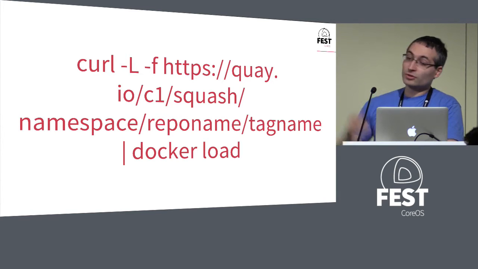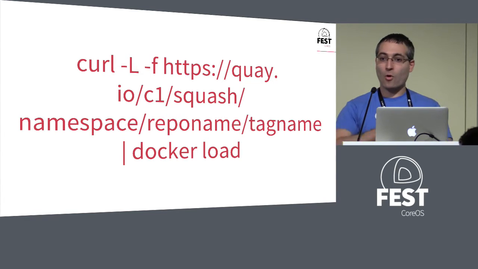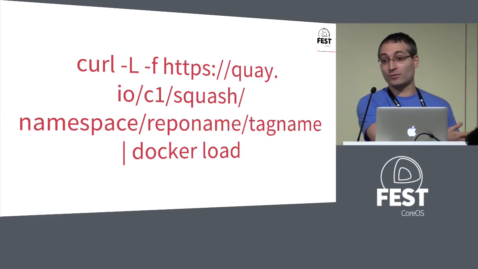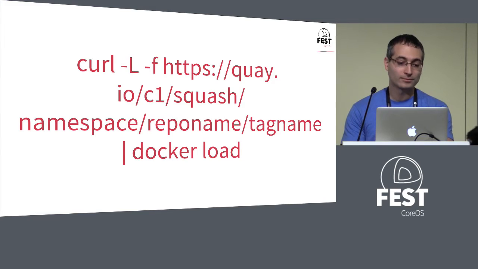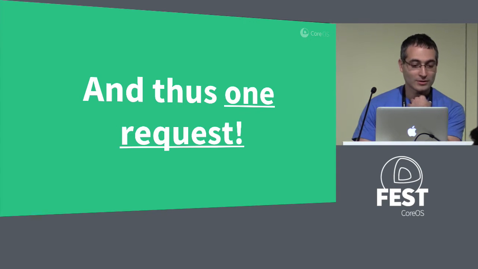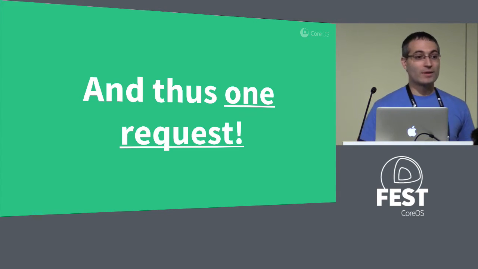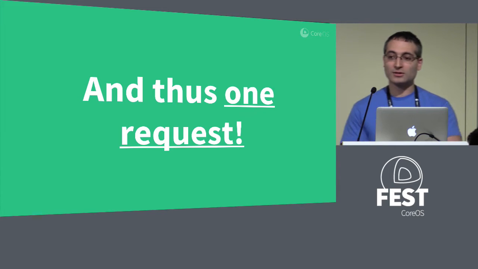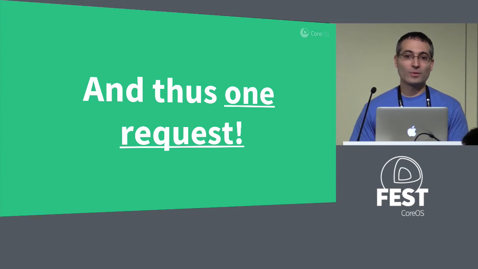And this actually results in a single HTTP request to download all of the information that was previously necessary in 4 or even 10 requests from a normal Docker pull. Thus a single request. So this is great. Now we've basically reduced down our latency quite a bit, and we have the ability to say, serve these images across the entire ocean with just 1 request.